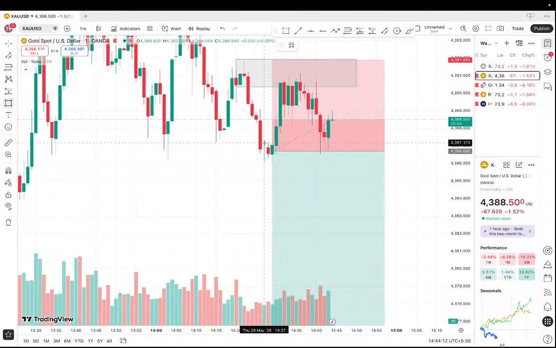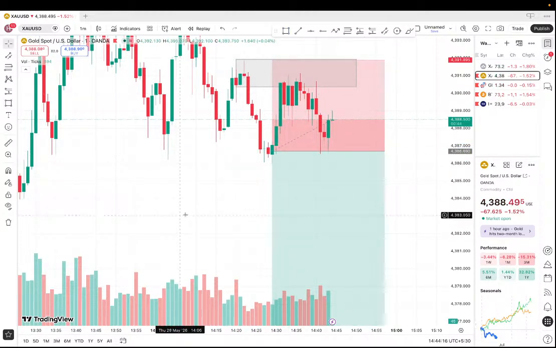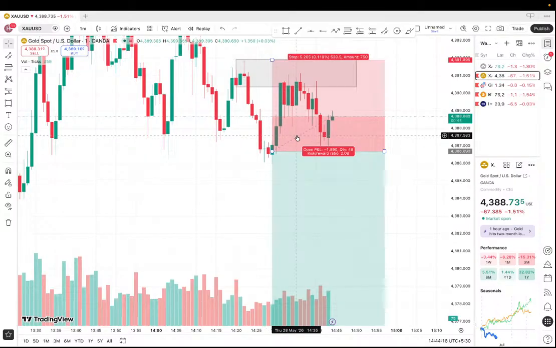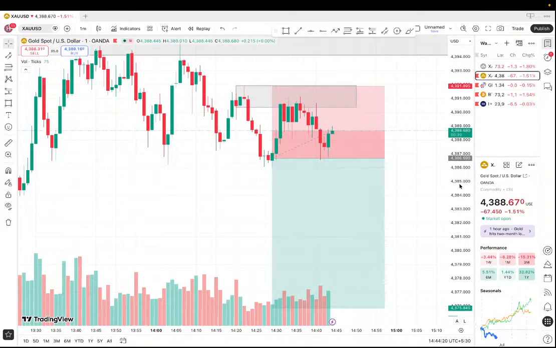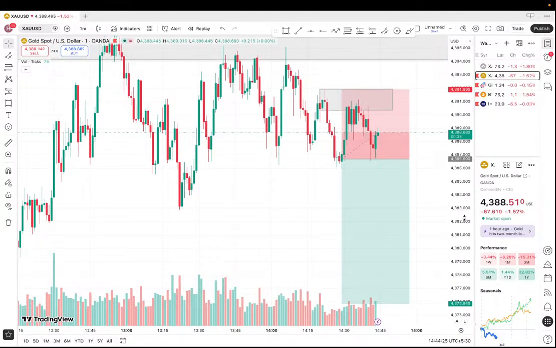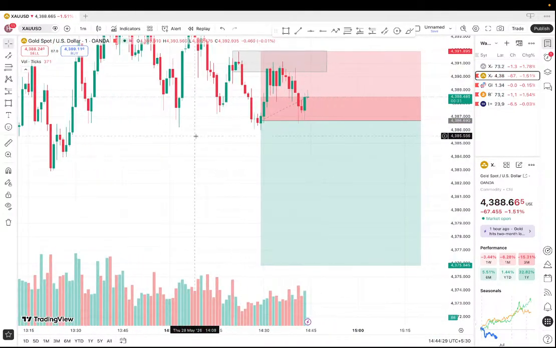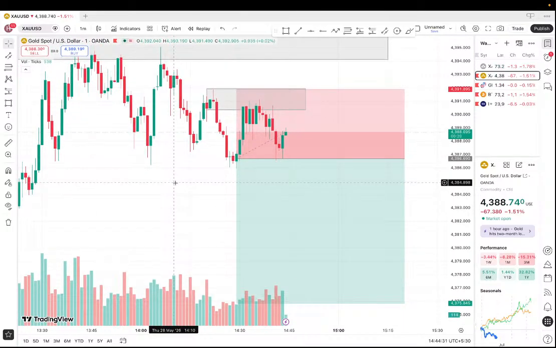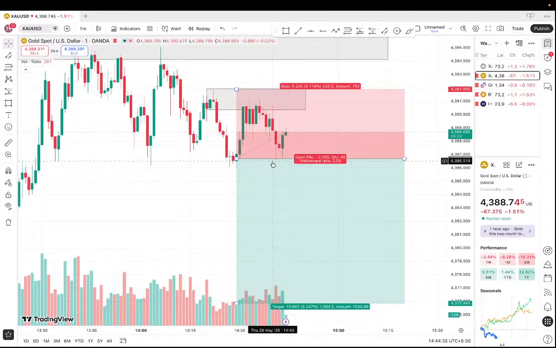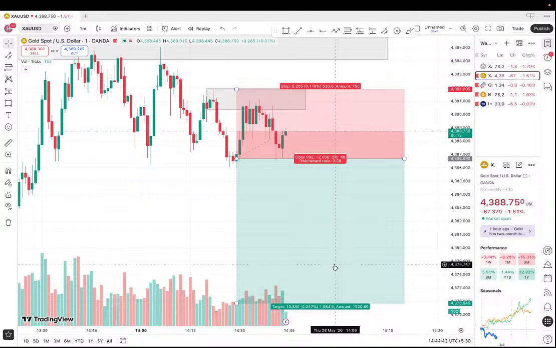So here we can see that it's trying to sustain, it's trying to take some support from this order block and fair value gap. It can be like this, showing some strength and then dumping completely, like from this level, like this.